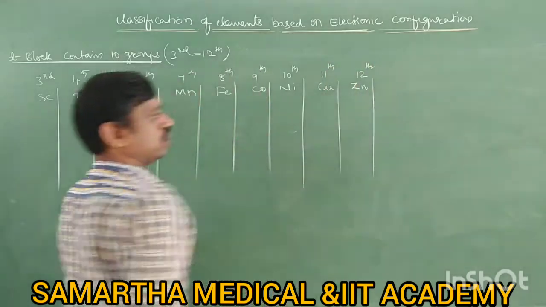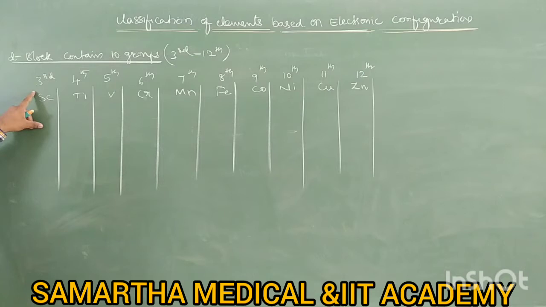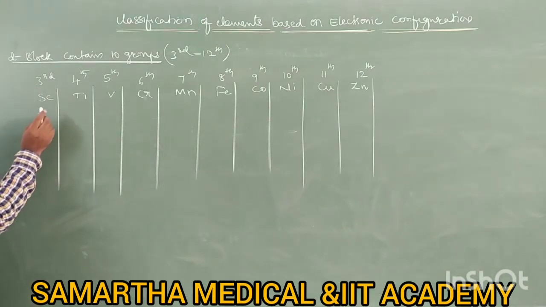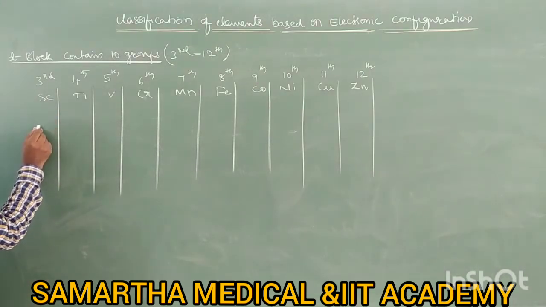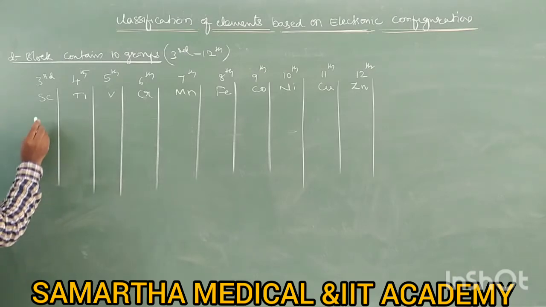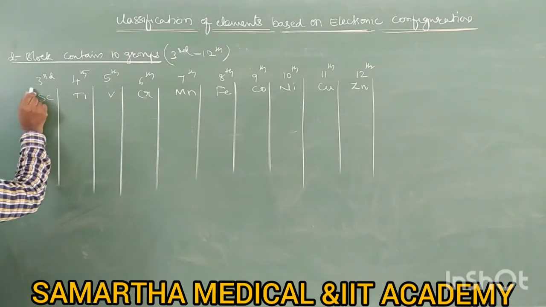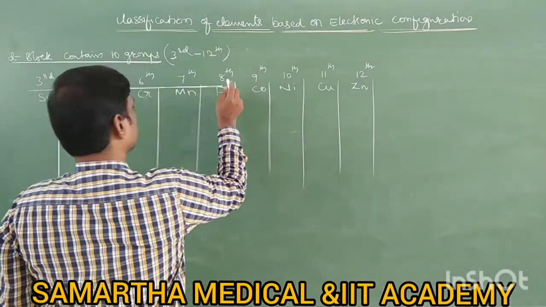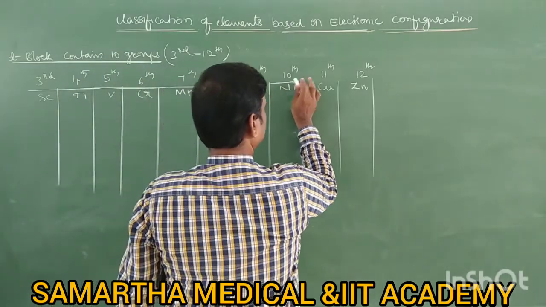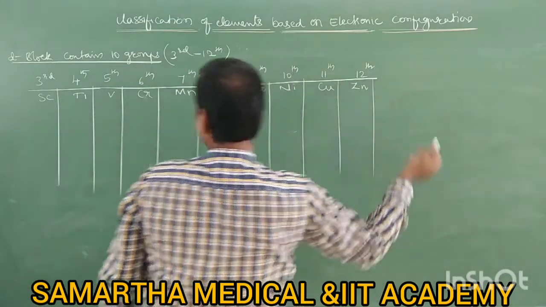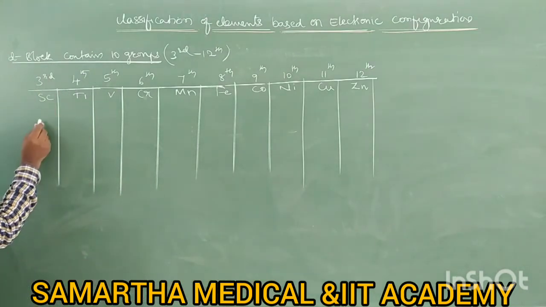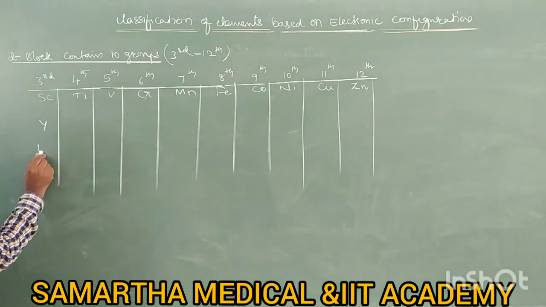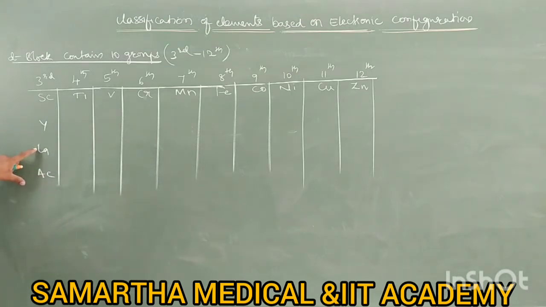It is the 12th group. Right. So the third group is scandium. Along with scandium, there are yttrium, lanthanum, actinium. So scandium, yttrium, lanthanum, actinium are third group elements.